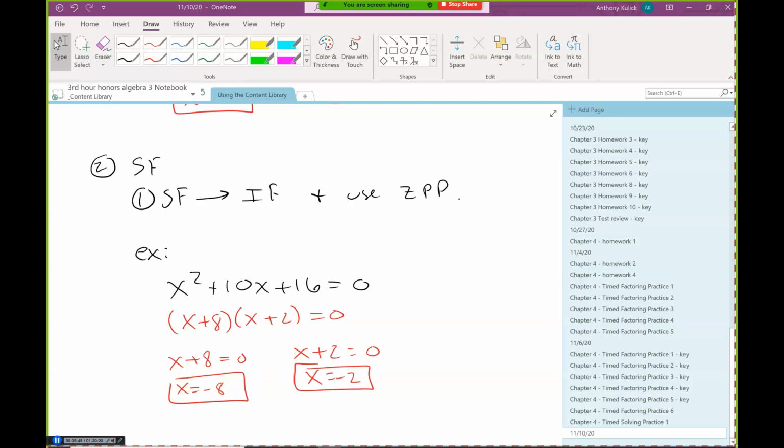What's the problem with this though, as a method? Yeah, so remember that factoring doesn't always work. Absolutely correct. So that's not always going to be possible, right?